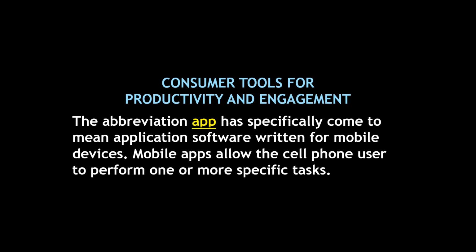Mobile apps allow the cell phone user to perform one or more specific tasks, and the app generally is going to be very much catered to helping a person do one specific thing or interact with one specific service. And that's kind of how the app has evolved over the past several years. So you will download an app and you will use it to do one specific thing or interact with one specific service.